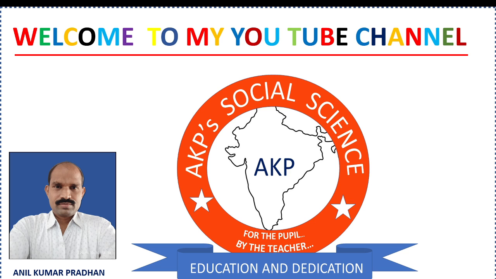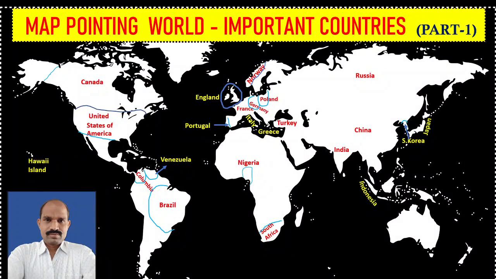As most of you know, in quarterly, half-yearly, annual exams or Summative Assessment 1 and 2 exams of different state boards, CBSE board, ICSE boards and other boards, there will be a map pointing question on the social studies question paper.